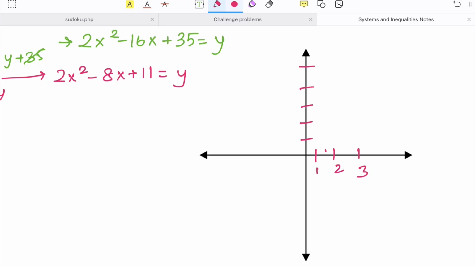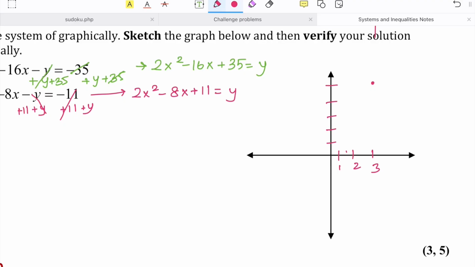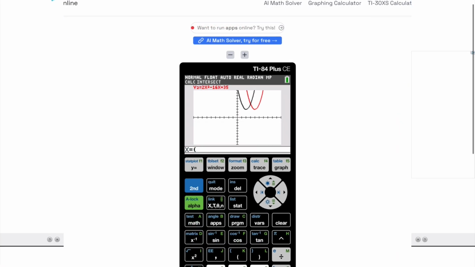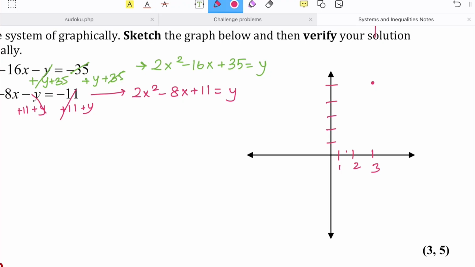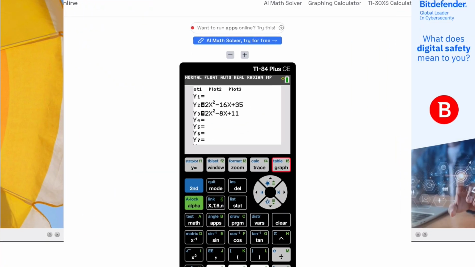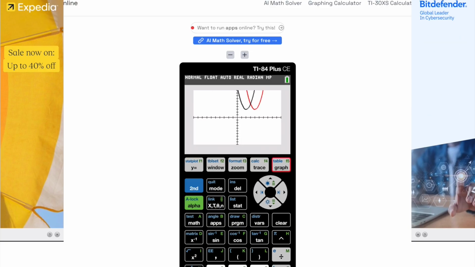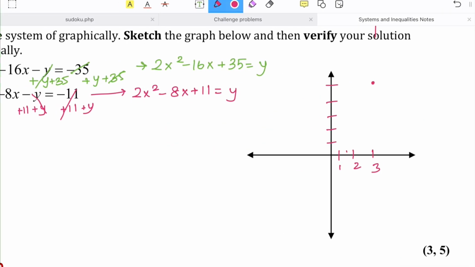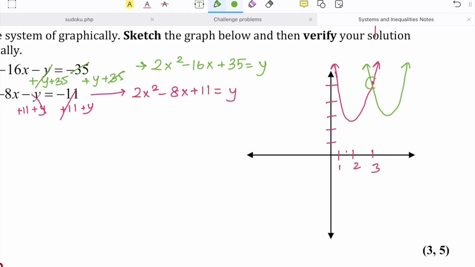This is my point of intersection, and my second curve is black in color, so it'll be over here, and then my first one is over here, and that's my point of intersection. 3, 5. That's it.